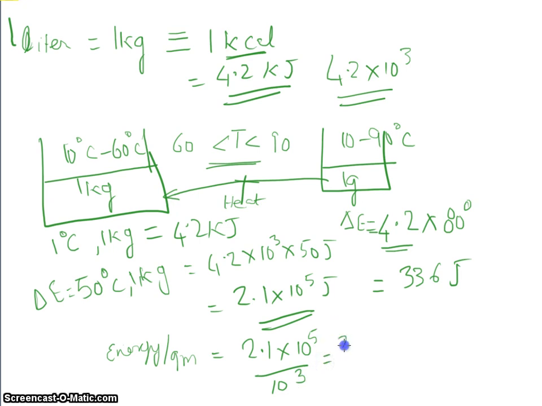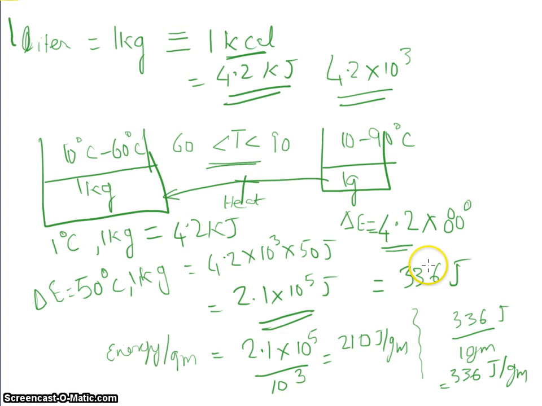That's equal to 210 joules per gram. And in this particular case, this is about 336 divided by 1 gram. So it's 336 joules per gram. So the average internal energy of 1 gram of water is higher than the average internal energy of 1 kilogram of water.